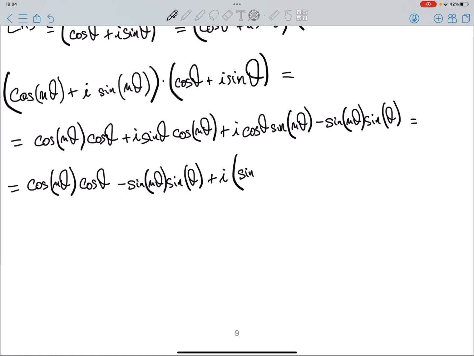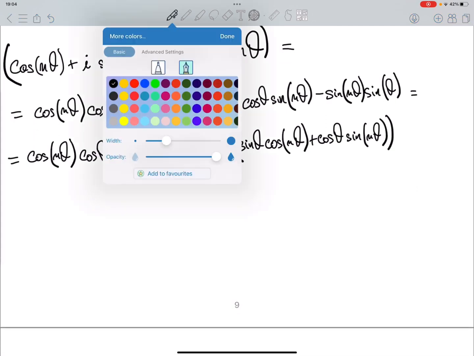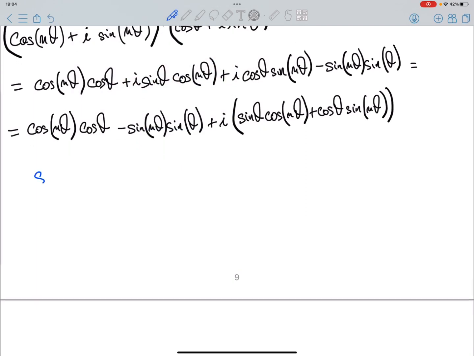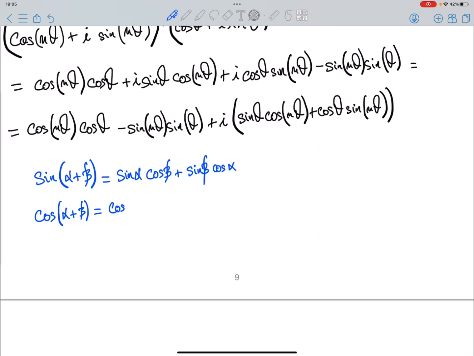Now if we remember the properties of sine and cosine: sin(α+β) is equal to sin α cos β plus sin β cos α, and cos(α+β) is equal to cos α cos β minus sin α sin β. These are properties of sine and cosine.